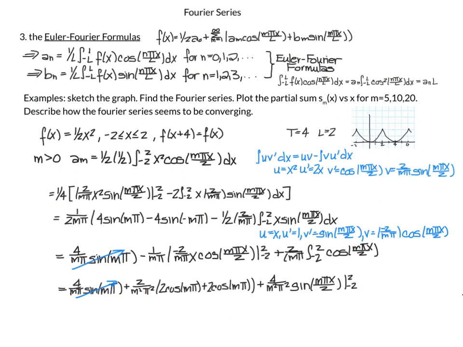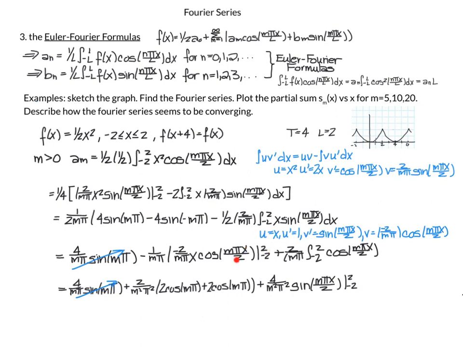I have my x, which is equal, when I plug in my 2, this becomes 2 cosine of m pi, since the 2 cancels with the 2 on bottom. And then I'm going to subtract, and I'm going to put my -2 here, and my -2 with the subtraction gives me a plus, and then I'll have a cosine of negative m pi.